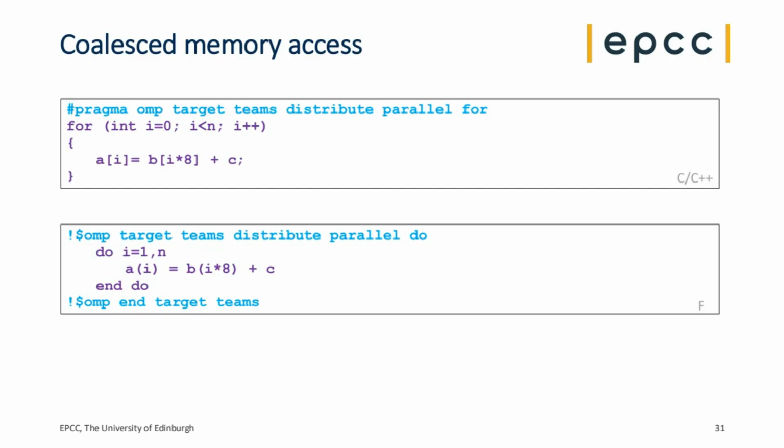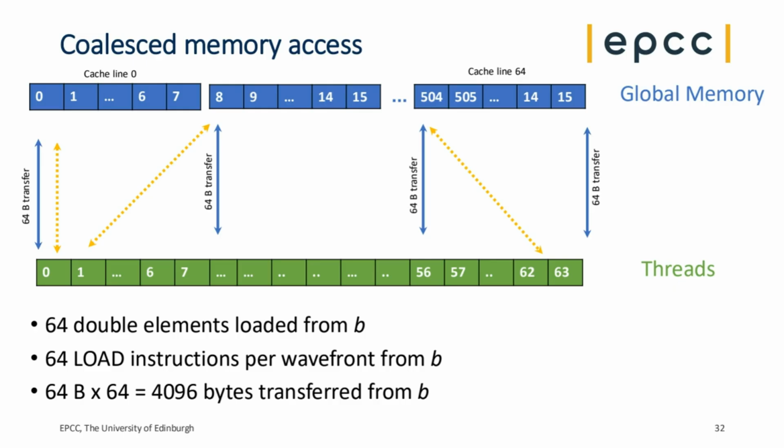But if we're doing something different, if when going around our loop we had something like a strided access, say a stride of 8, the situation now is that you have to do far more load instructions.